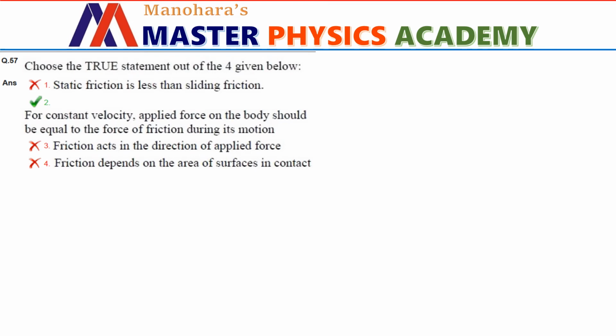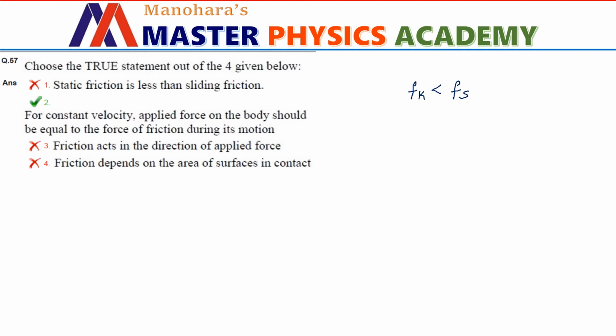Choose the true statement out of the 4 given below. Option 1: Static friction is less than sliding friction. Static friction is greater than sliding friction, that is, kinetic friction is always less than static friction.